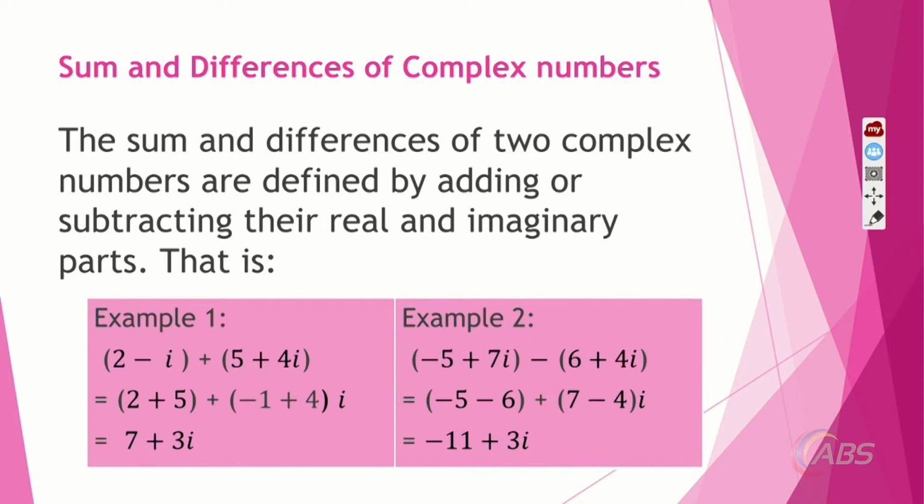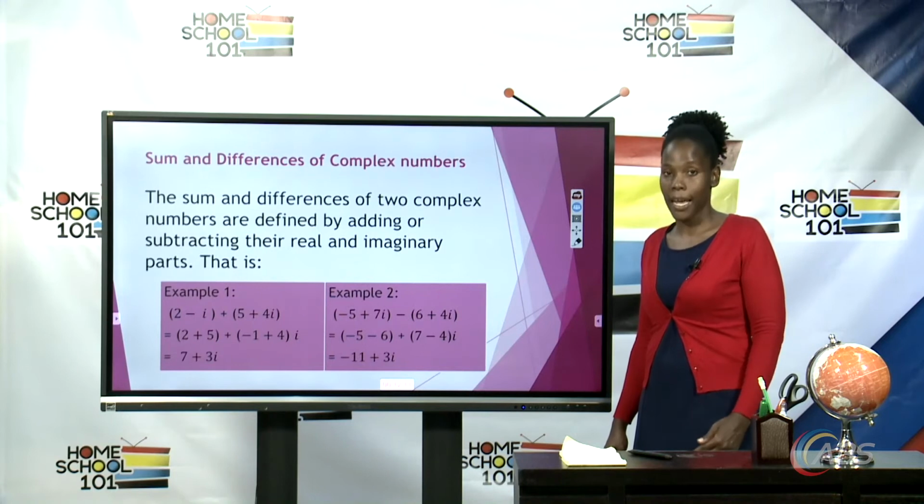So it becomes 2 plus 5 plus negative 1 plus 4i. So 2 plus 5 would give us 7. That's the sum of their real parts. And to take the sum of the imaginary parts, negative 1 plus 4 would give us positive 3i. Now remember, once we're dealing with numbers of opposite signs, what we simply do is subtract the smaller from the larger and then rewrite the sign of the larger.